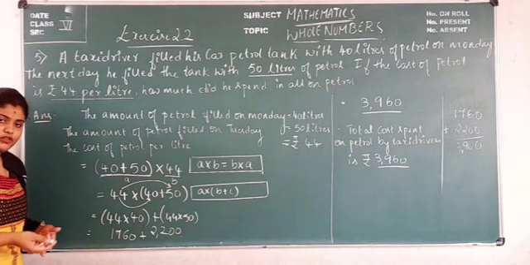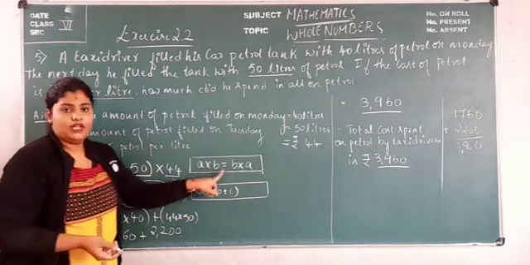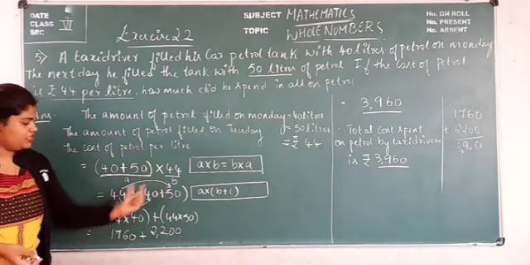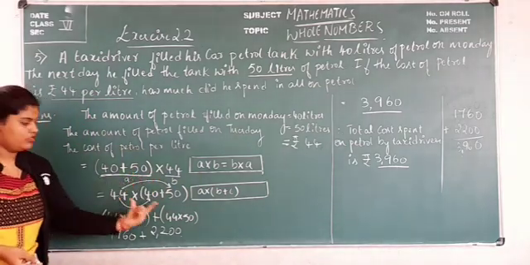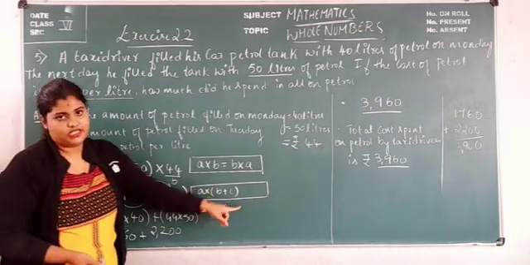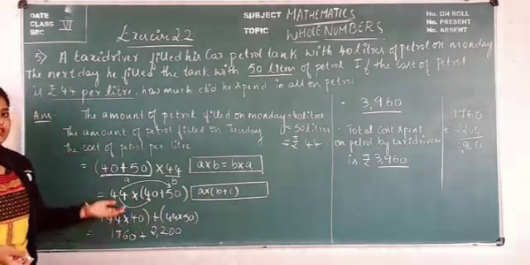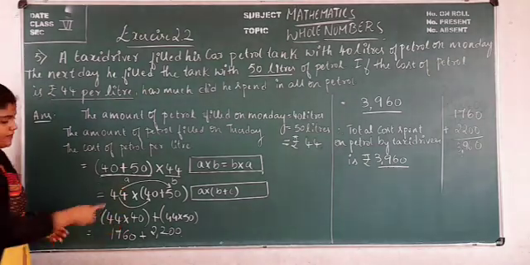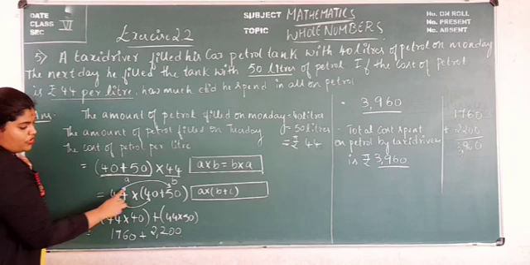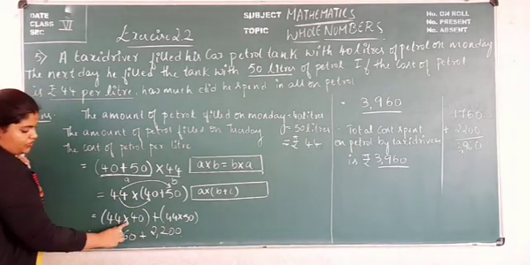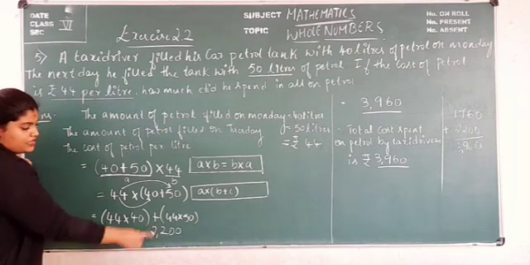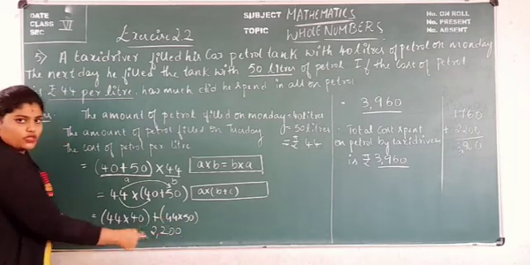Now by commutative property, you know that A into B is equal to B into A. So I have just interchanged the order. First I wrote 44, then I wrote the whole bracket. Now this is of the form A into B plus C, so we have applied distributive property. So we have multiplied 44 into 40 plus 44 into 50. So 44 into 40 we got 1760, plus 44 into 50 we got 2200.